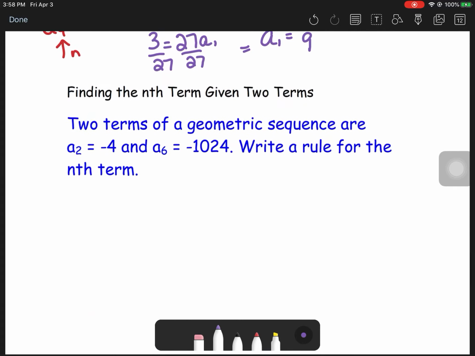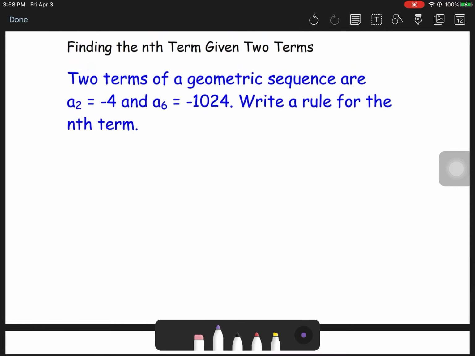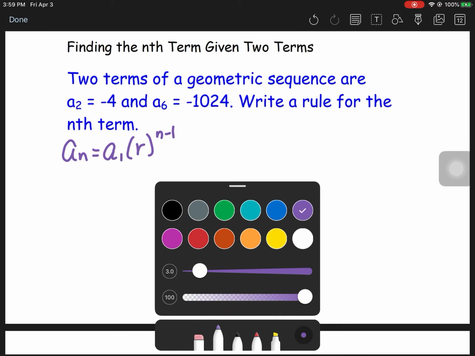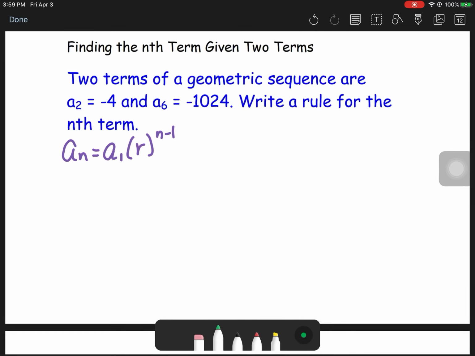So now what if I'm given 2 terms and I want to find my rule? This is going to look exactly like what we just did in the last unit. So here's what we did. We took our rule, a sub n equals the first term times the rate to the n minus 1 power. What we're going to do is plug in what we know into that formula.